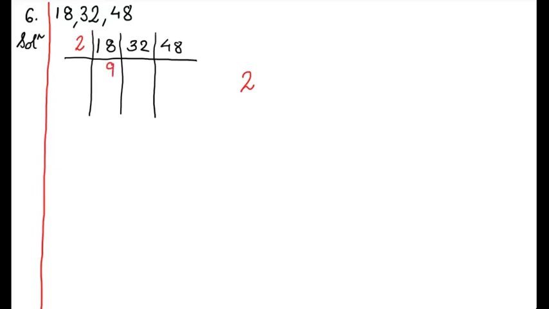Now we will learn to divide 32 by 2. So see, 3 dozen comes. Which is the number at the highest place value? 3. 3 is not divisible by 2. But smaller number than 3, is it divisible by 2? Yes. What is that smaller number? 2. So we will write here 2 1s are 2.